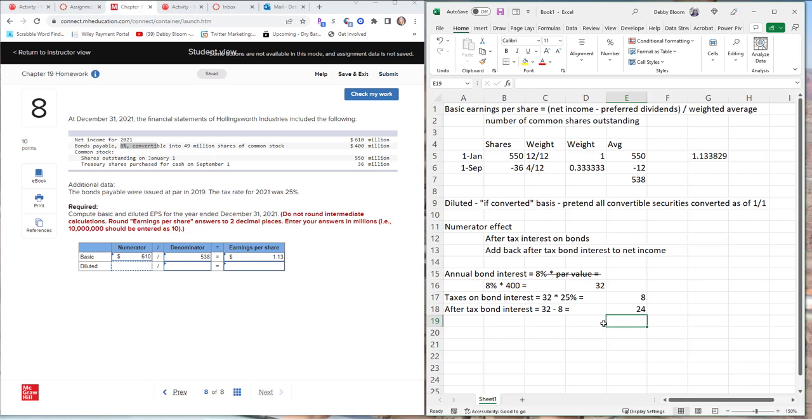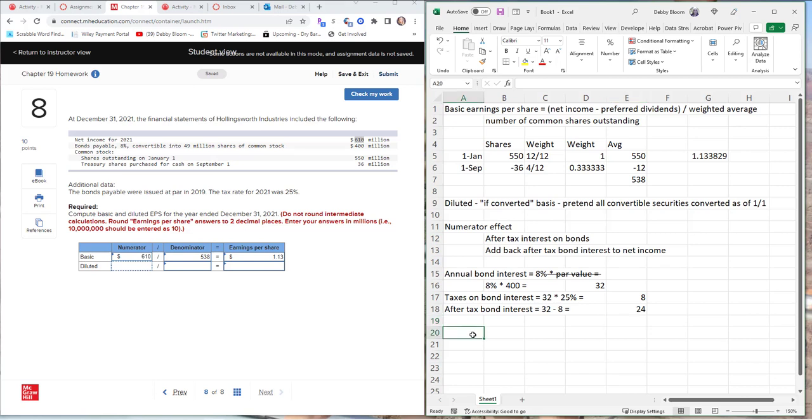Now what we need to do is add that back to the net income of 610 million, because as I said, if the bond is common stock, we don't pay the bond interest, so we'll save the 24 million after-tax bond interest.